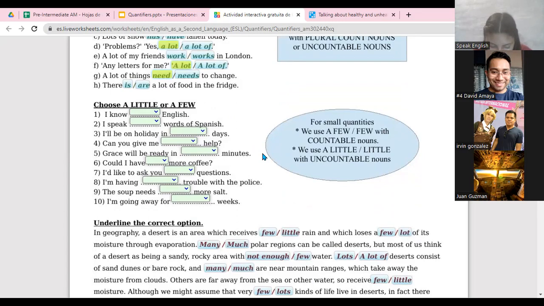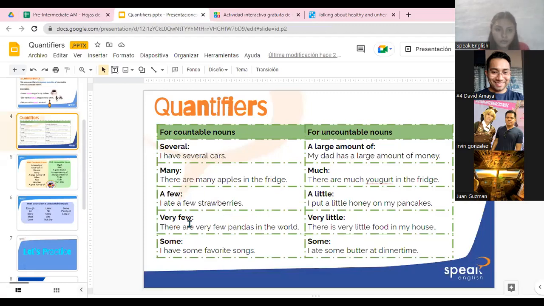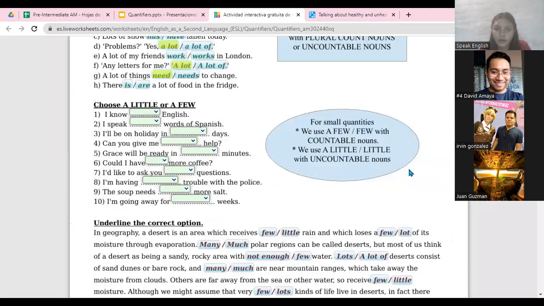Let me check. Oh, we use a few for, or here we have the explanation. Few is for countable and little is for uncountable.